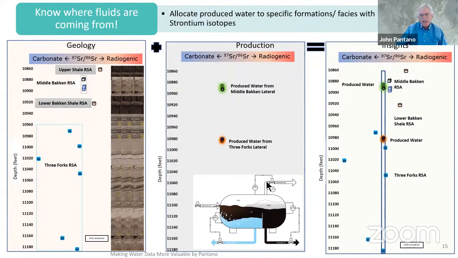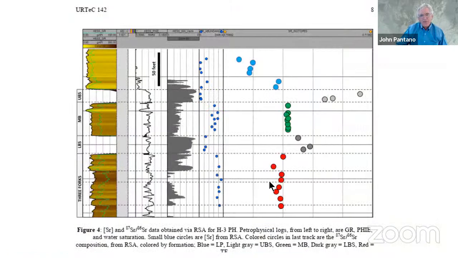So that was one study. And now a different study that's in this ERTEC paper that Sean and his co-workers published on was they took the samples from the Lodgepole and then the Scallion unit. And again, these are more pure carbonates, and you see a lot less radiogenic.